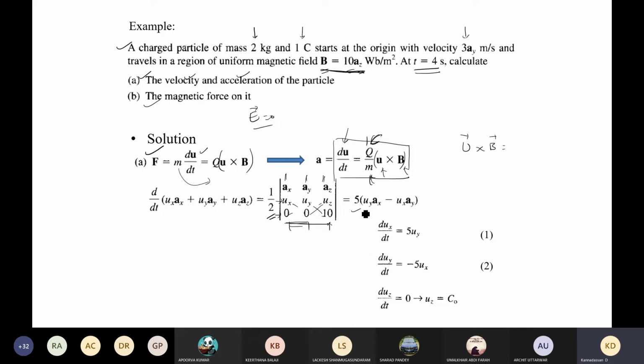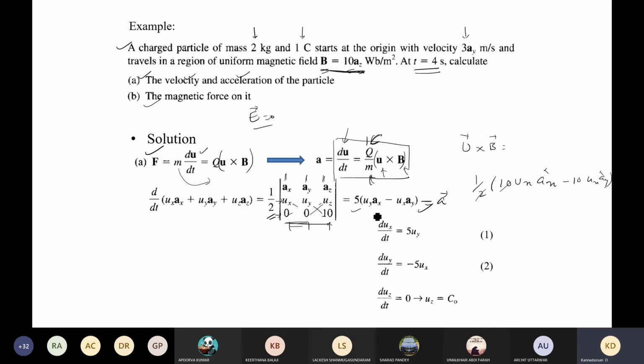So you got this equation. Here you got 1 by 2, so you will get 1 by 2 of 10 ux ax vector minus 10 ux ay vector. That is what you will get. And replacing this 10 with a 5, that is what we got here. So this is nothing but the acceleration.